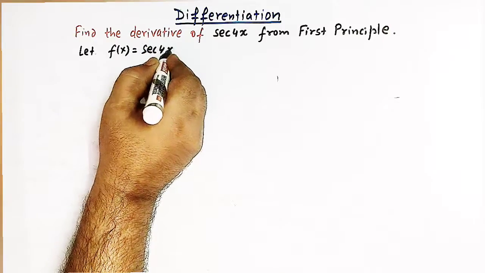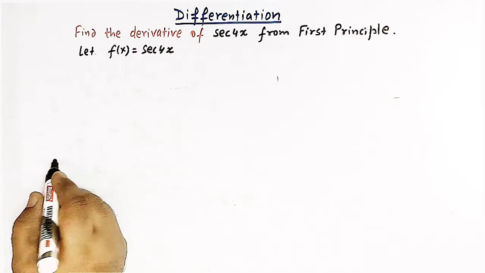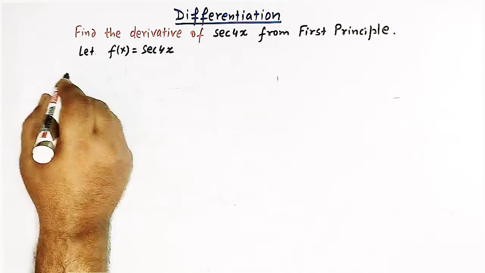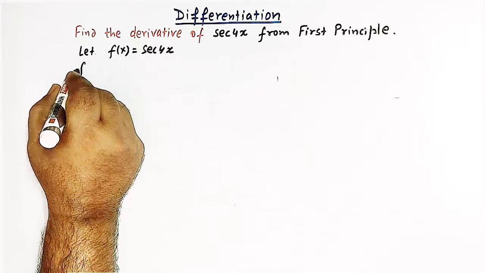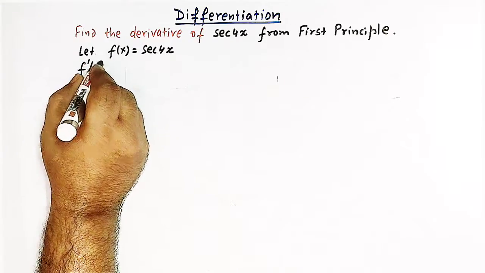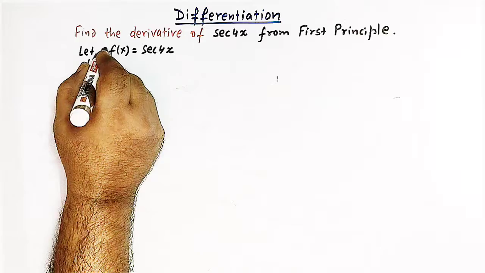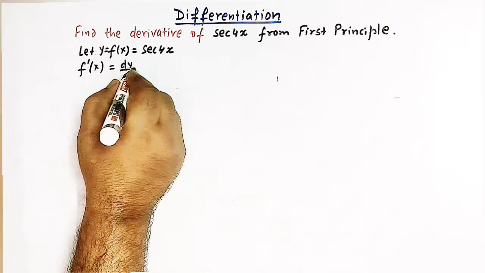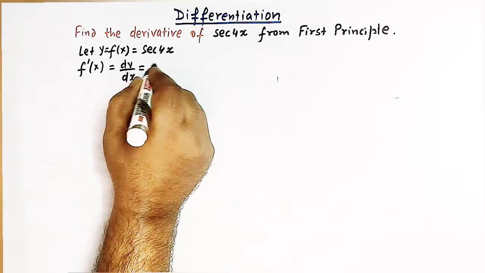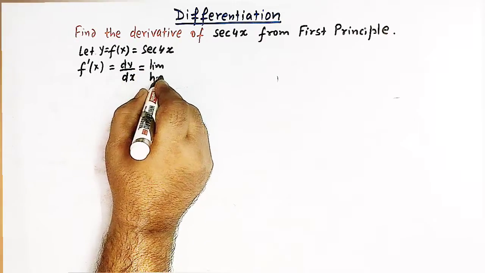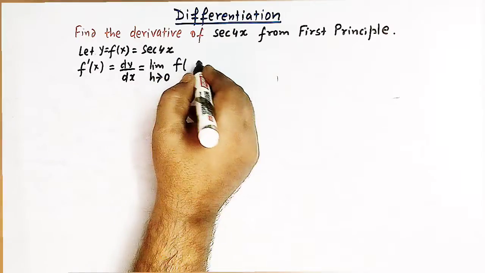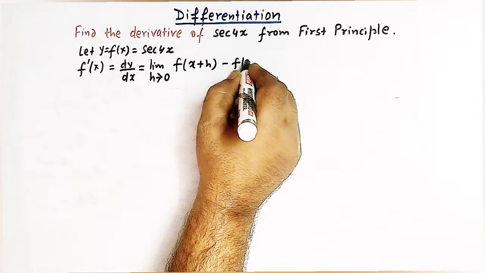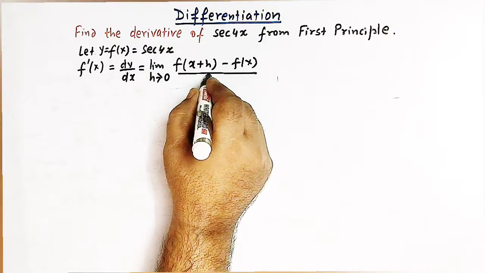So we have f of x is equal to secant of 4x, and from the definition of first principle we know that the derivative of f of x, denoted by f prime of x, or if we take y equal to f of x, then dy over dx is given by this limit: limit h tends to 0, f of x plus h minus f of x divided by h.